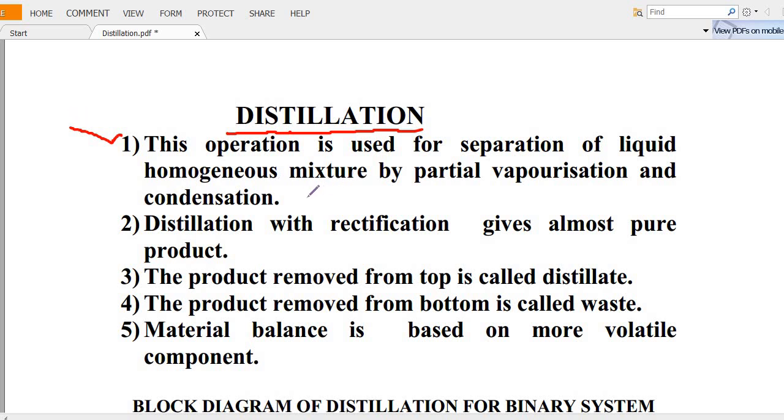For example, homogeneous mixture means what? Homogeneous mixture means in which two or more than two components are completely mixed. We can't separate these components. For example, wine. We know that in wine, alcohol, that is ethanol, and water are mixed.